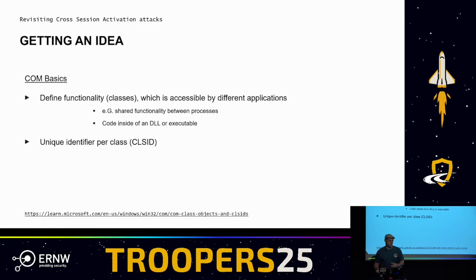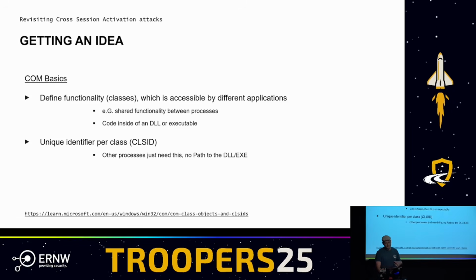If another process wants to use this functionality, it needs to know the unique identifier, the so-called CLSID. With this CLSID, it can say, I want to use the code from this CLSID, call specific functions from this COM class, and use it.